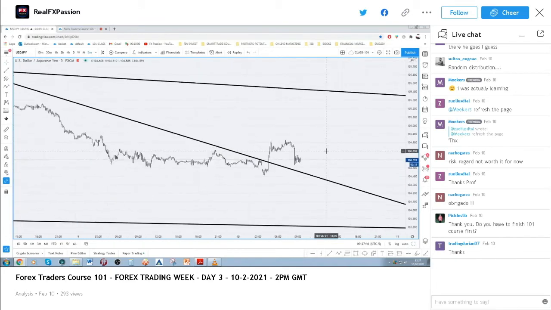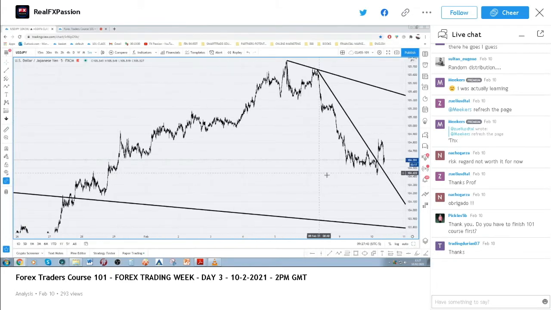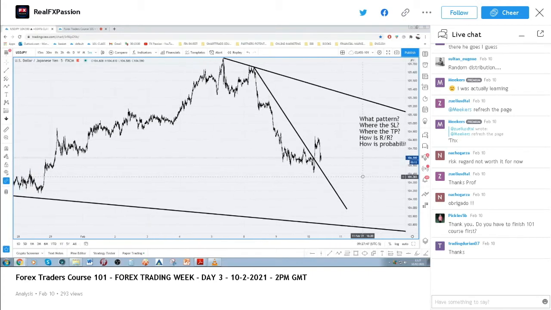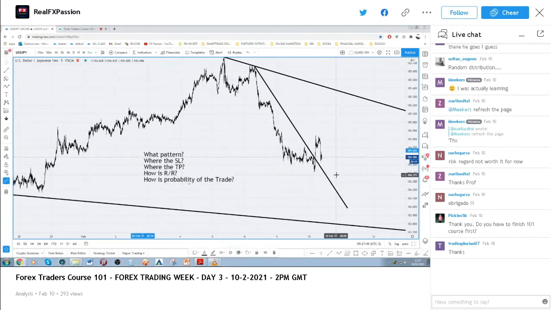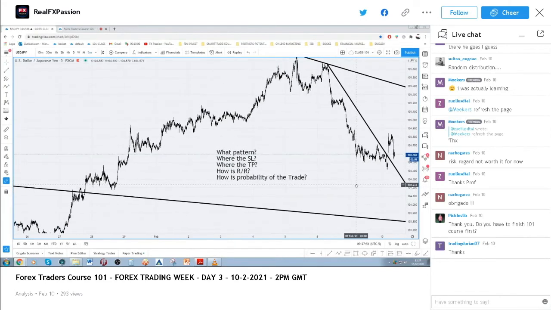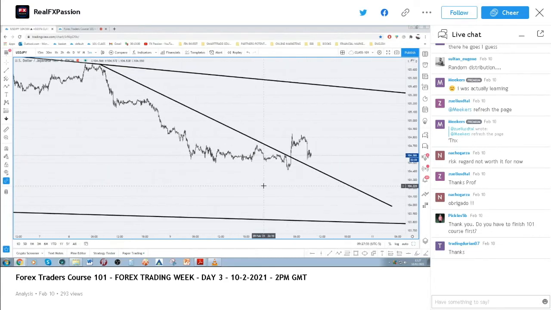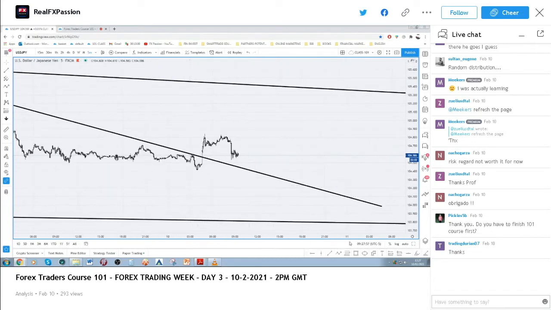Everybody. So this is the 5-minute chart. This is the big picture on the 5-minute chart, right? We learned about trend lines. So we have something like this too, right? This would be, just give me a second.